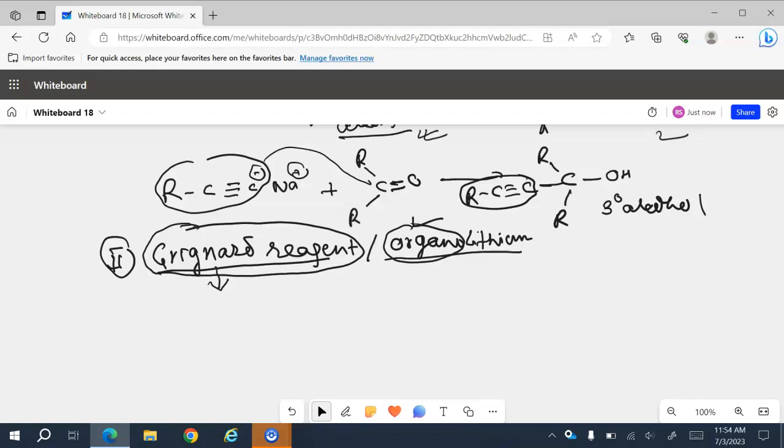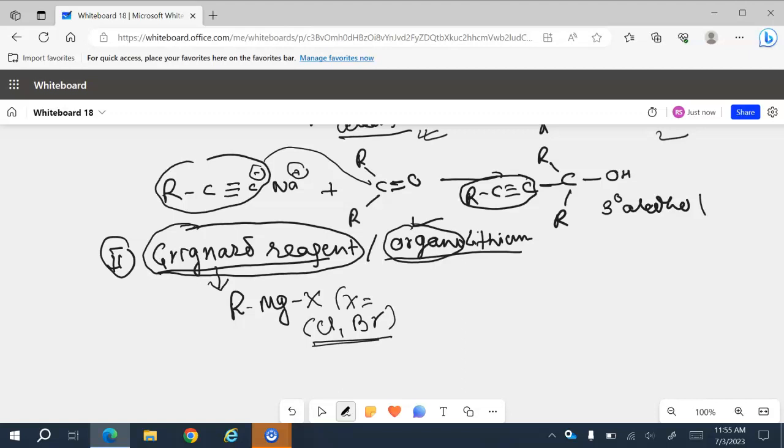So the Grignard reagent is the magnesium containing reagent. Normally Grignard reagent we define as R, the alkyl group, connected to magnesium and some kind of halogen. Halogen usually chlorine or bromine, X is equal to chlorine or bromine, that is what we normally use.